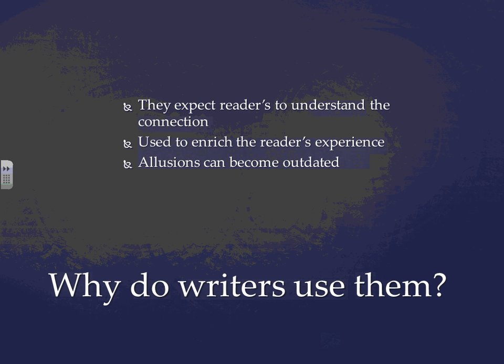But the downside is allusions can become outdated. Maybe if the story was written 100 years ago and has an allusion to something earlier than that, you may not get it because it's not part of your general knowledge base, your pop culture, for example.